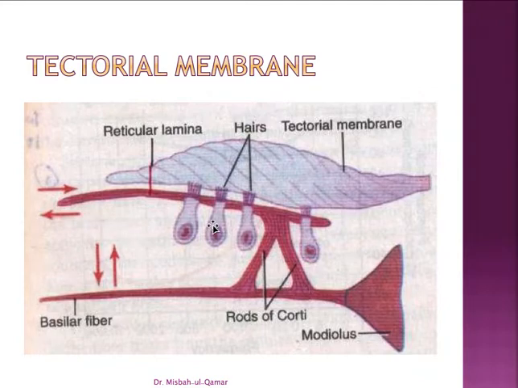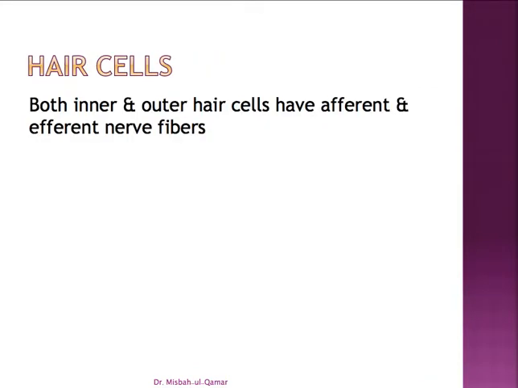Okay, let me tell you more about these hair cells. All right. You see, there are hair cells present in the inner ear, in the scala media, in the cochlear duct of the cochlea, and there are two types of hair cells: inner hair cells and outer hair cells.